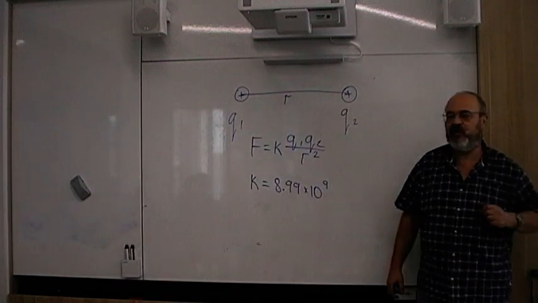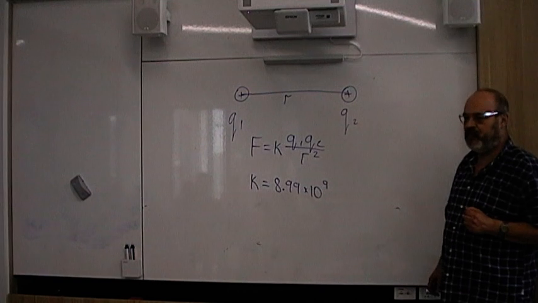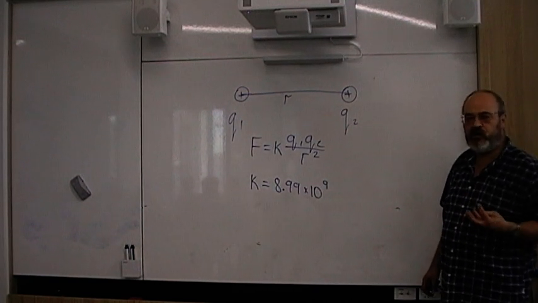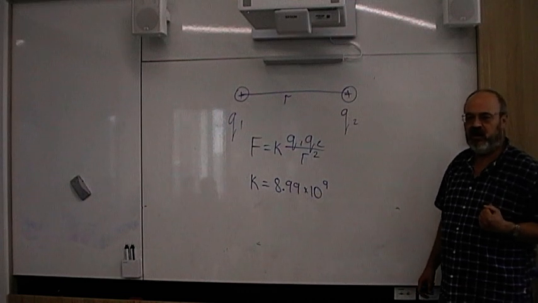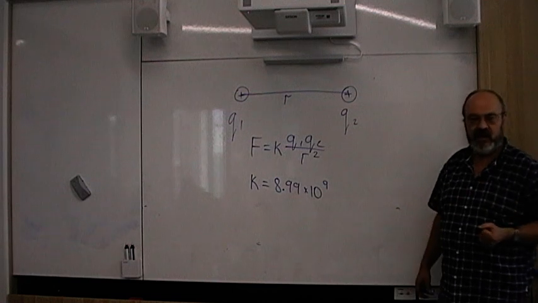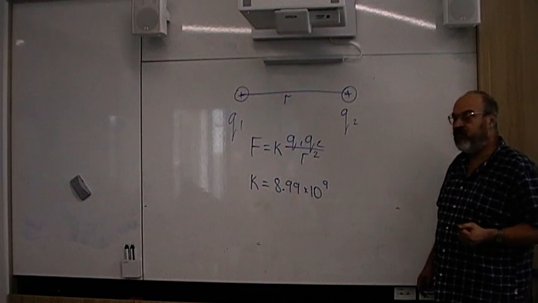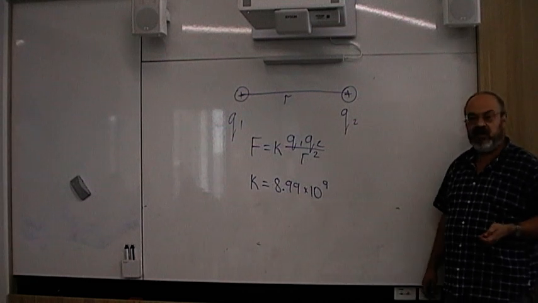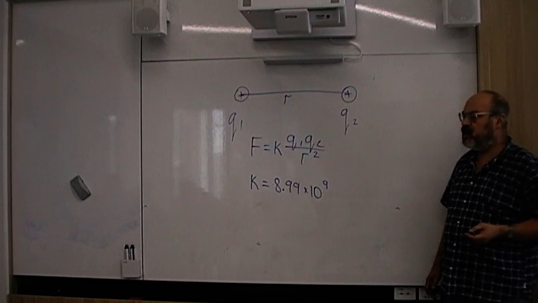So it's 20 orders of magnitude bigger. That's why electric force is so much stronger than gravitation. For gravitational force, you need huge masses to have a visible force of interaction. For electric, no.